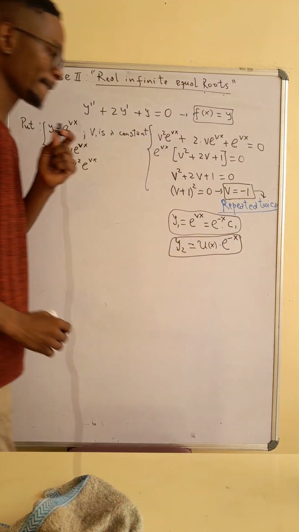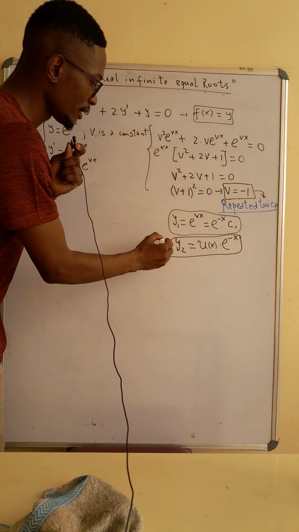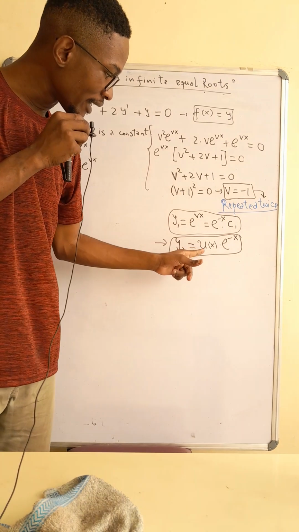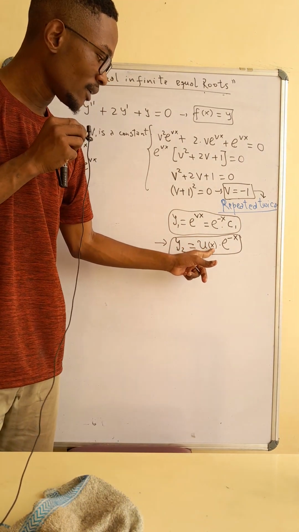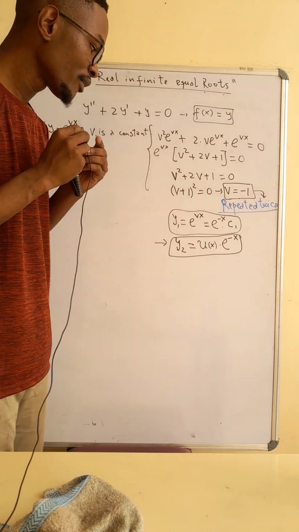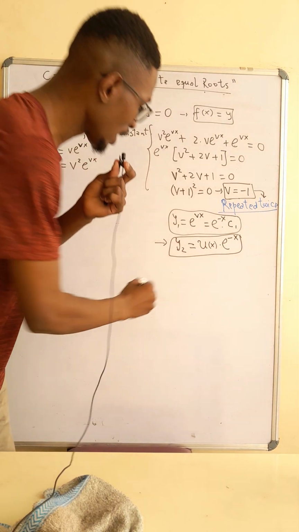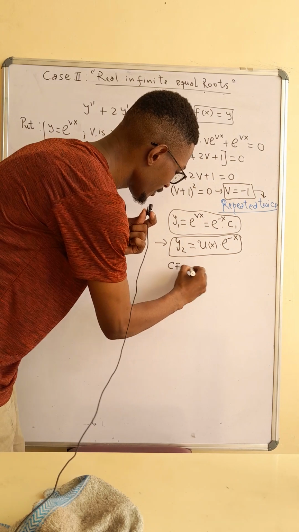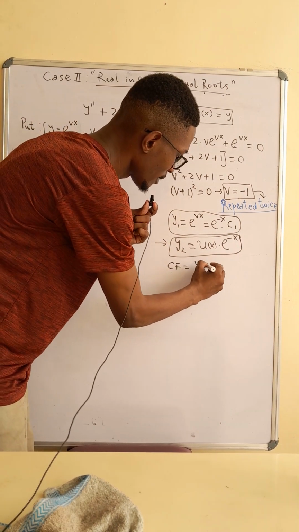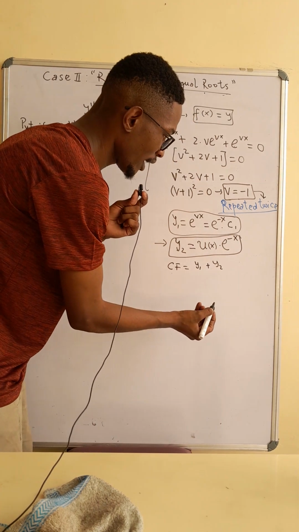That's the point. What we are going to do is just to find what this u of x will be, so that we can put it all together. Because we know the CF is equal to y1 plus y2, okay?